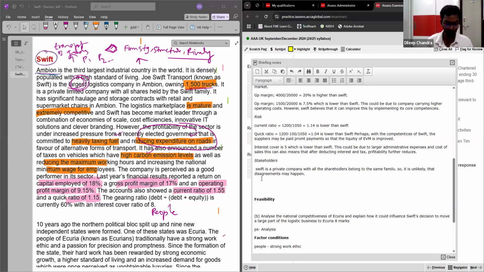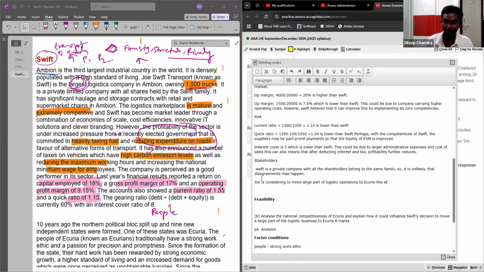So I'll say Joe is considering to move a large part of logistics operations to Ecuria.